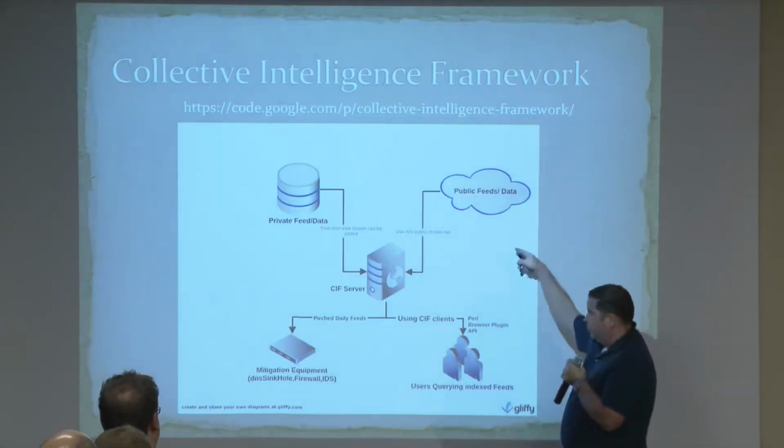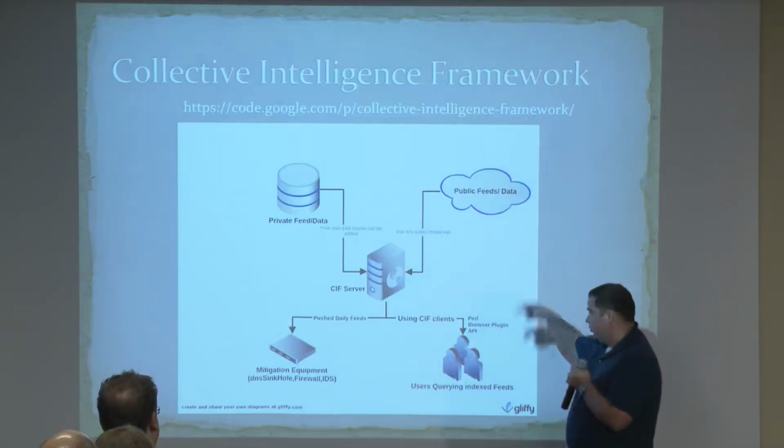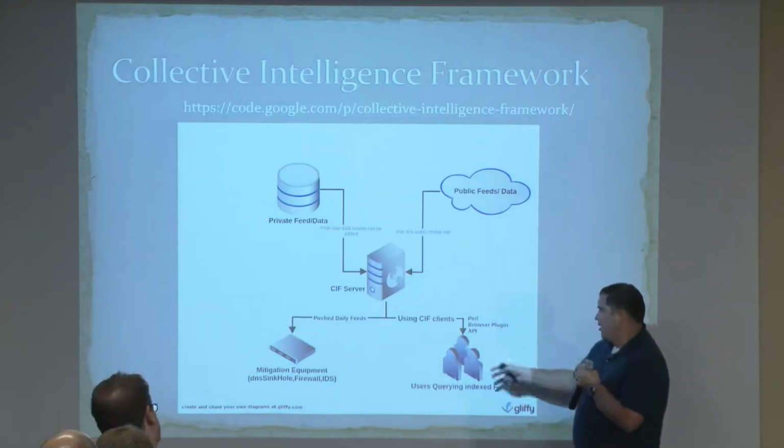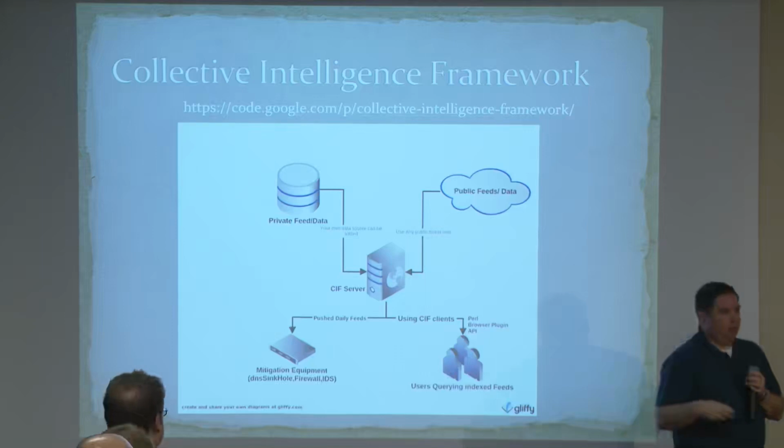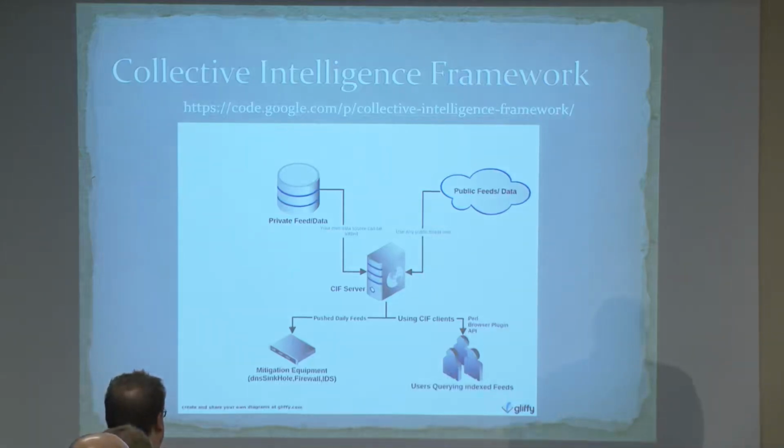You can collect it from public sources, you can collect it from private sources, and then you can use it to push data to other systems. So you can actually create your own collective intelligence framework. You can actually harness data from all these other sources and then use that to do your reporting as well.